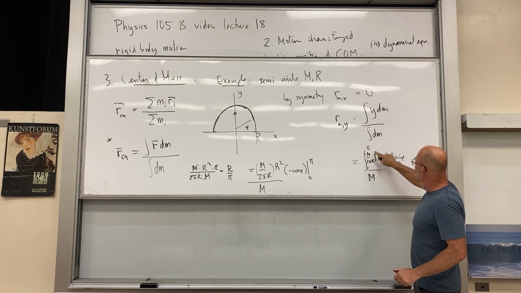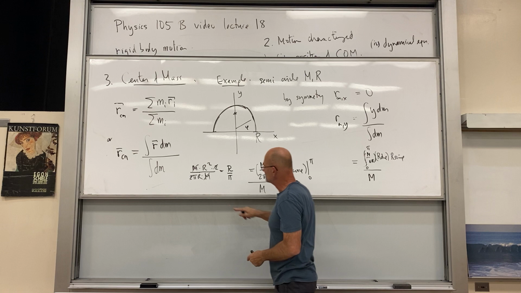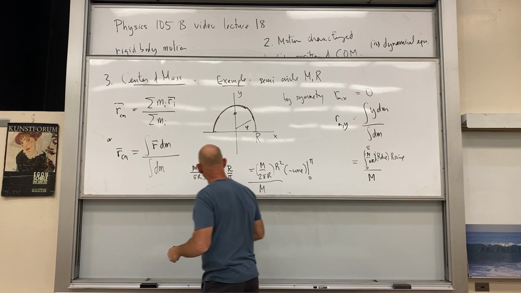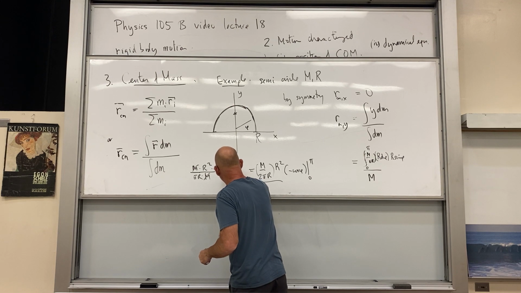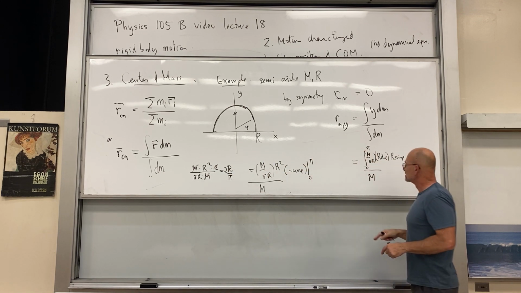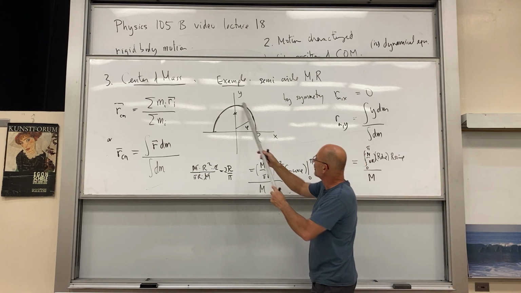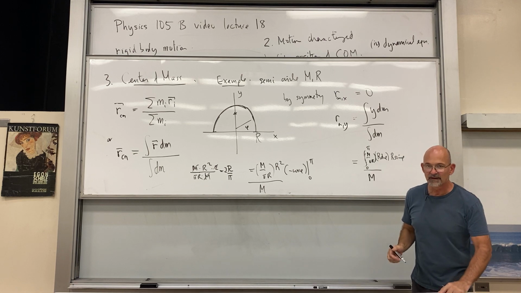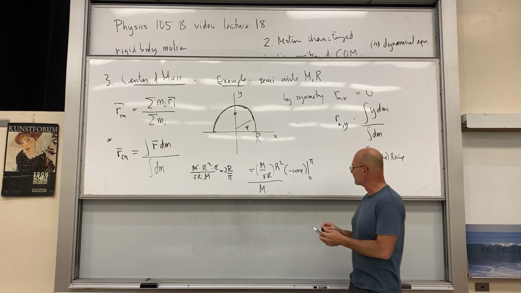It was M over pi times R, because I only had the semicircle: the mass per unit length over the semicircle. So we end up with 2R over pi. Let's correct that. Good thing we got that. So there's our answer.